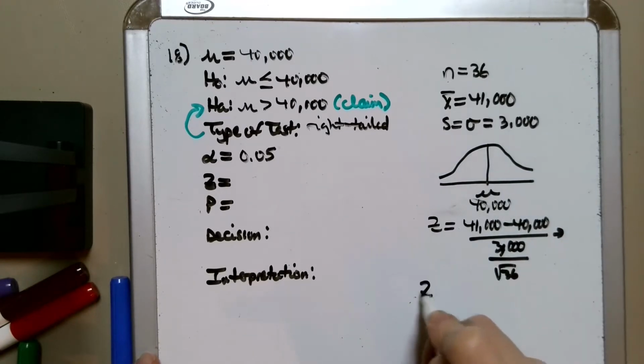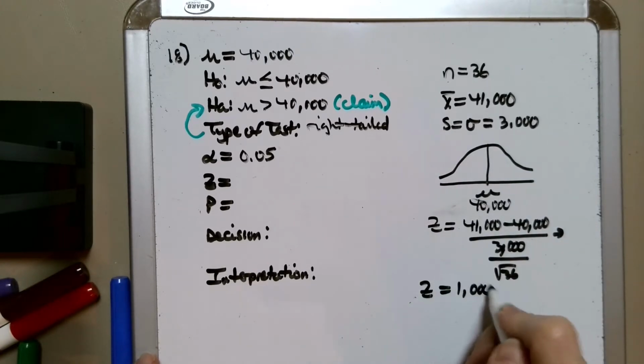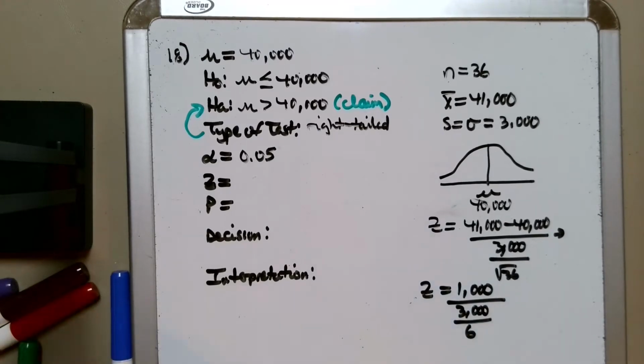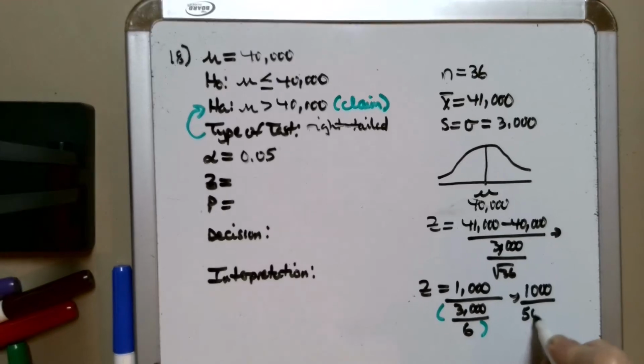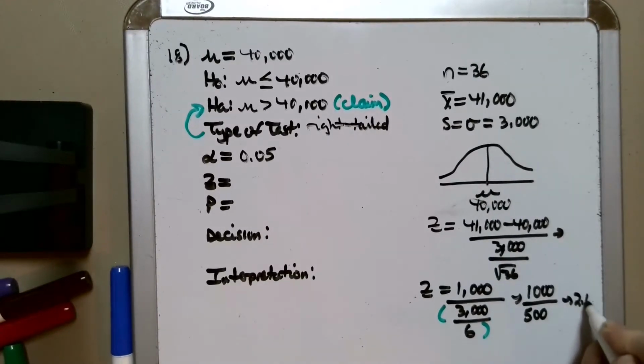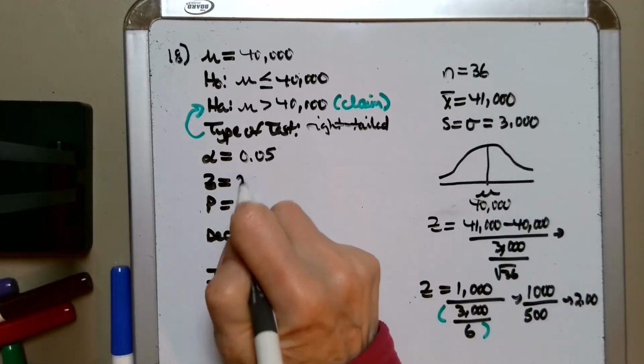So subtract first, you're going to get 1,000 over 3,000 over the square root of 36, which is 6. Remember, next you would be using parentheses, but we can divide that evenly, so make it easier on yourself: 1,000 divided by 3,000 divided by 6 is 500. So that's going to give you 2.00 for your z-score.